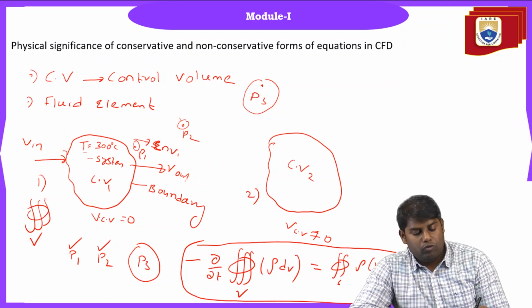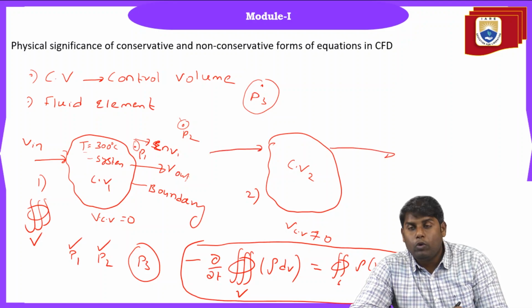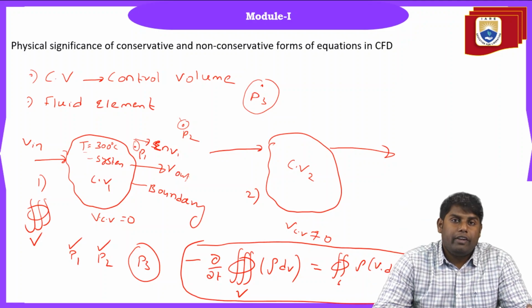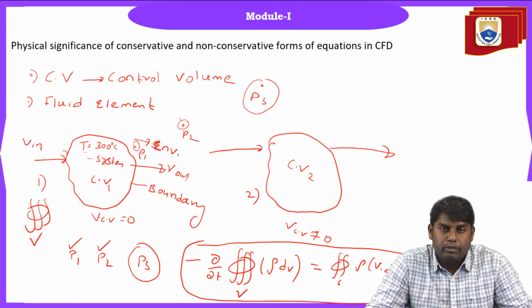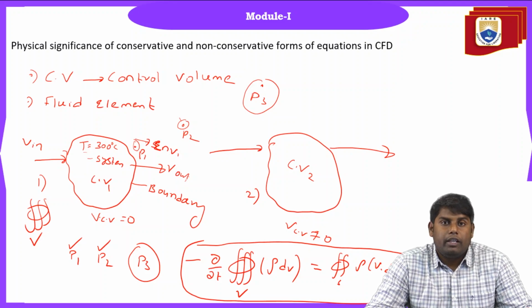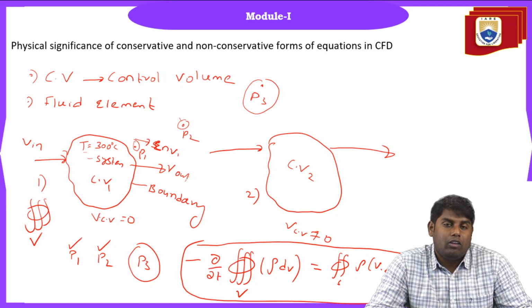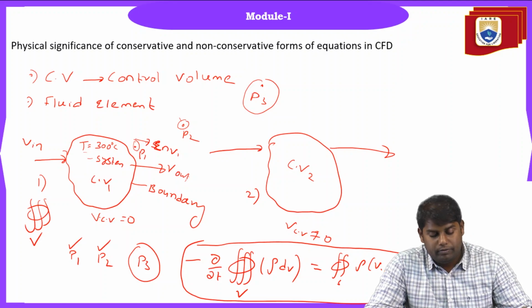In the second approach, the control volume will move along with the fluid, or it may have a certain velocity. For example, since an aircraft is moving with a certain velocity, the aircraft engine will have some intake of air. When the air intake is happening, the fluid will enter with a certain velocity, the engine is also moving with a certain velocity, so the relative velocity has to be calculated. Fine.